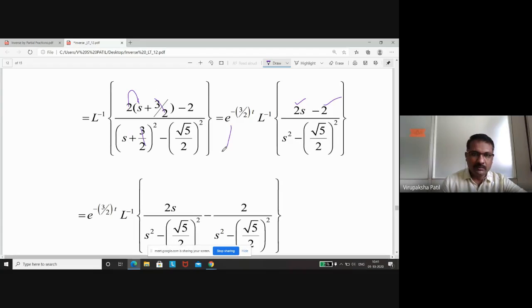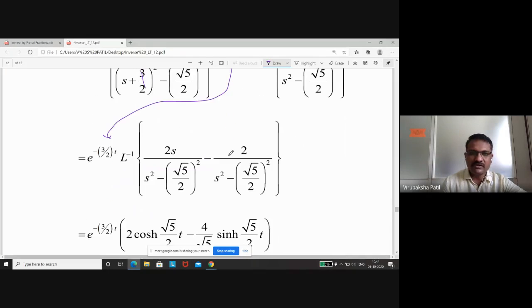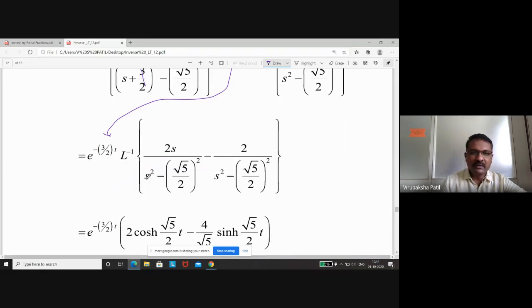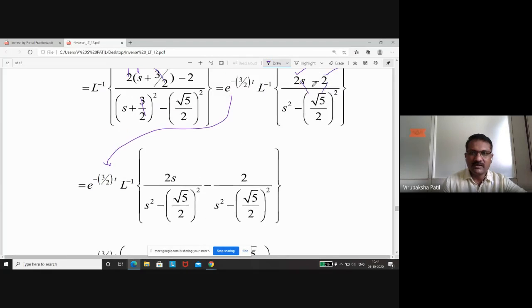Now keep e to the power minus 3 by 2 times t as it is, L inverse of, taking the denominator separately for this term and this term, that is 2s divided by s square minus root 5 by 2 whole square, then minus 2 divided by s square minus root 5 by 2 whole square.